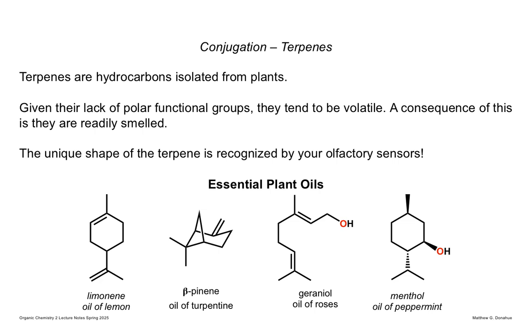Back in the day, people used to drink turpentine to get sort of the euphoria similar to alcohol. And then, of course, your insides would rot and you would die. So geraniol is the oil of roses, and menthol is the oil of peppermint.